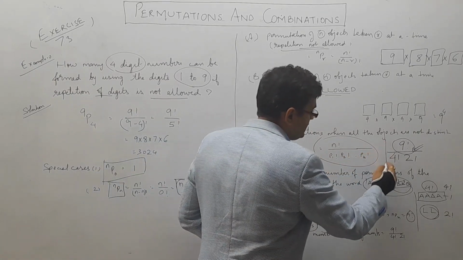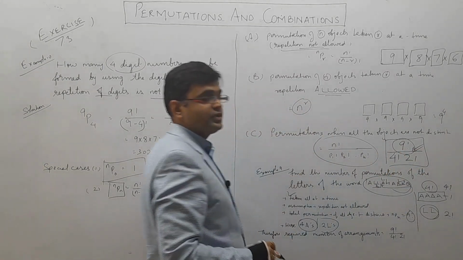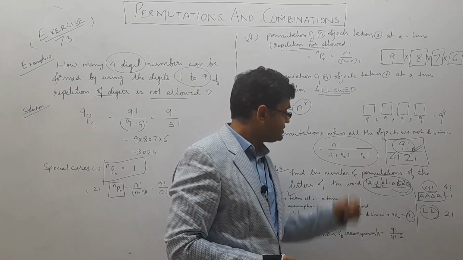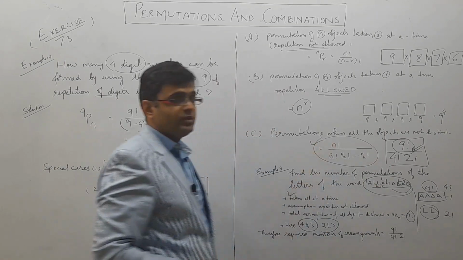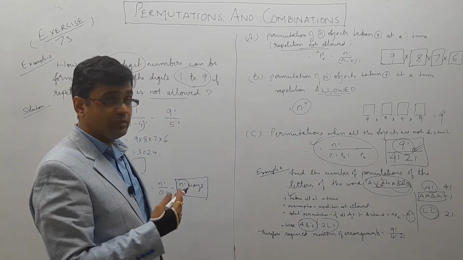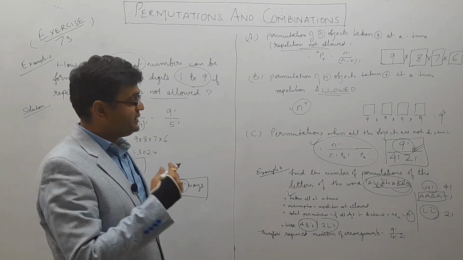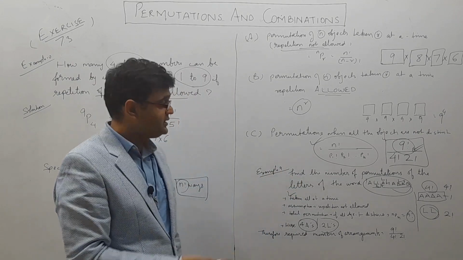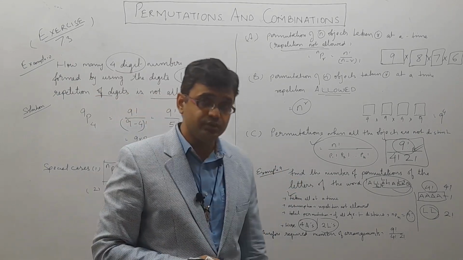First I showed the application, then I told you the formula. I first told you the logic of why this formula is applied, or how it comes into being, and then I gave the formula. So if the objects are repeating, this is the formula that we have to use.